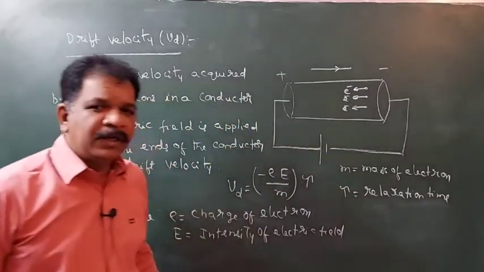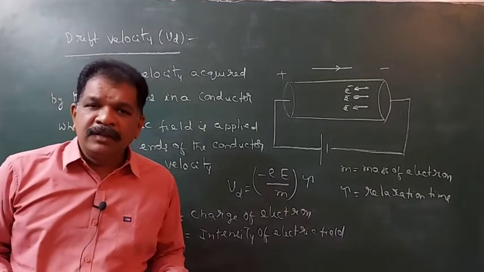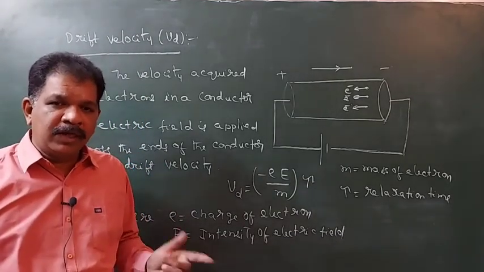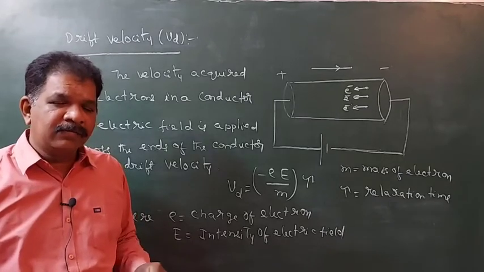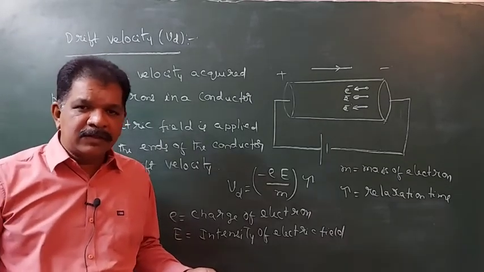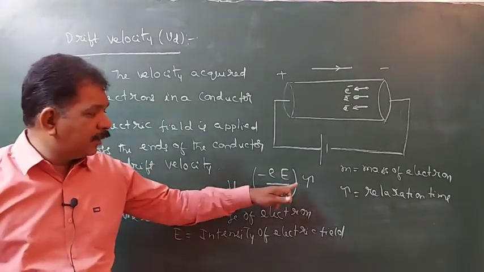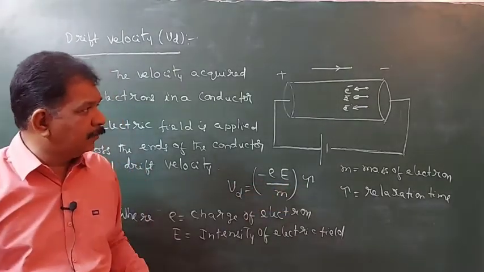What is meant by relaxation time? The average collision time between two electrons in a conductor when the electric field is applied across the ends of the conductor is called relaxation time.